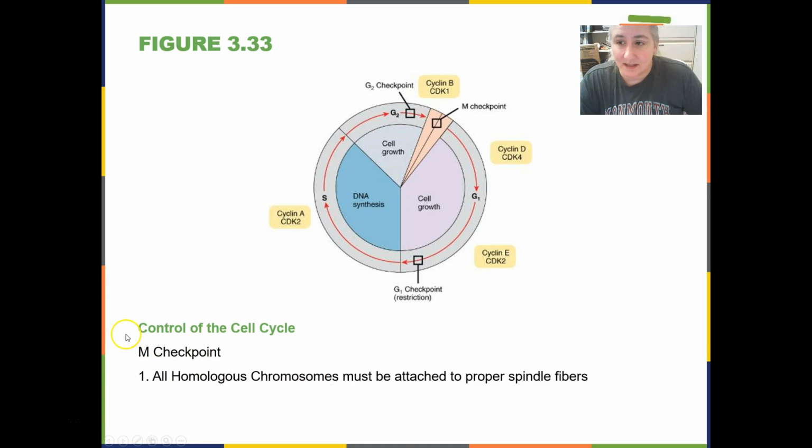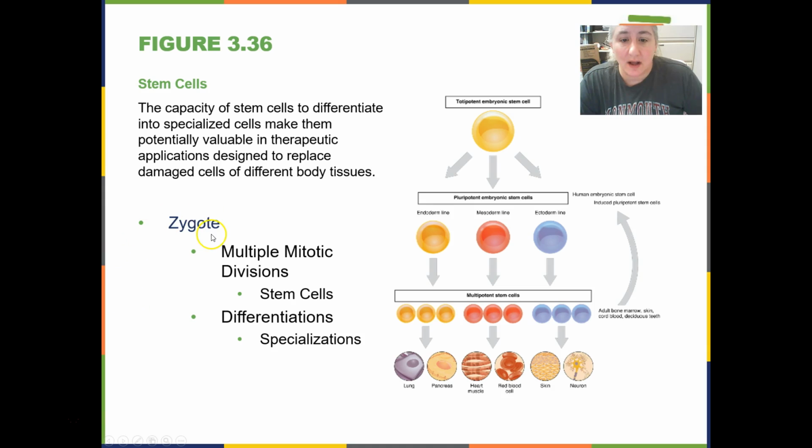The last thing we're going to talk about then is how cells become what they are. So the initial cell that was formed during fertilization was the zygote. The zygote is a single cell that contains a complete copy of genetic information, and this cell undergoes multiple mitotic divisions.